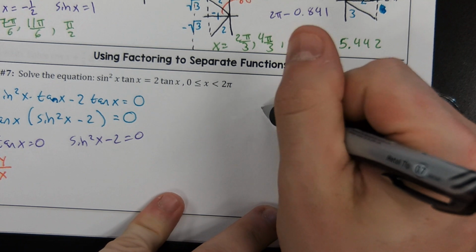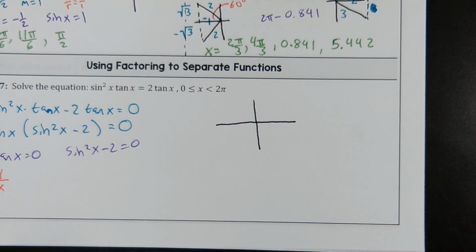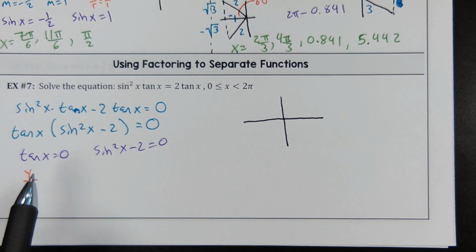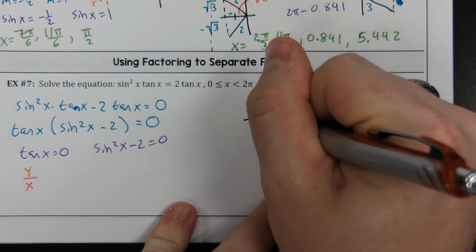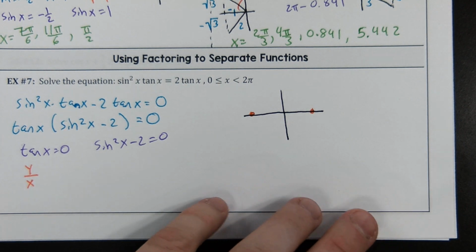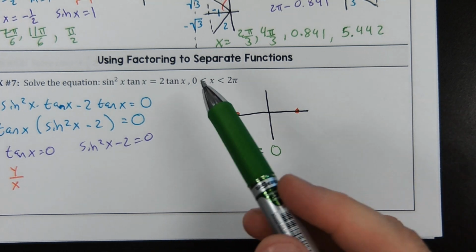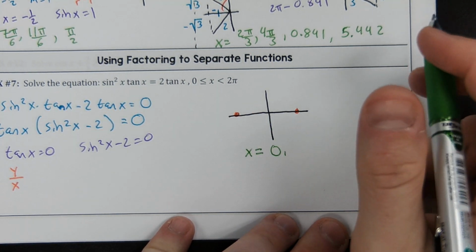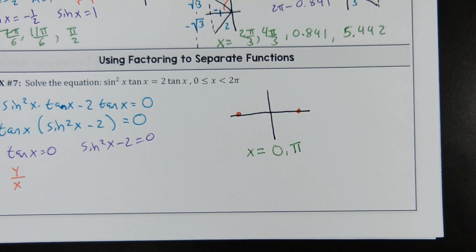Where on here is y equal to 0? The x-axis. So this will have two answers because there are two places where y equals 0 on my domain. Those two places are at angle x equals 0, which is included, and at angle x equals pi. Okay, we got those two answers. Good?